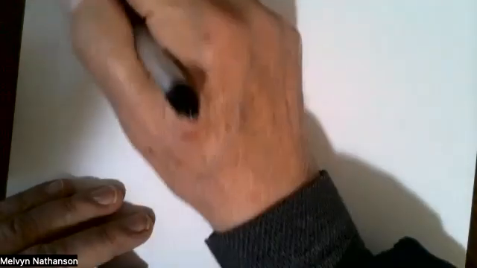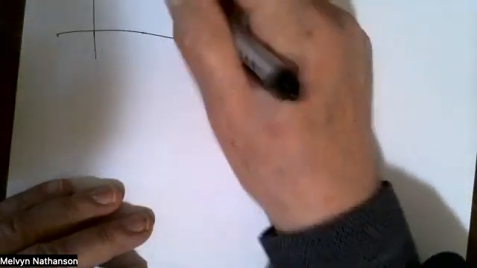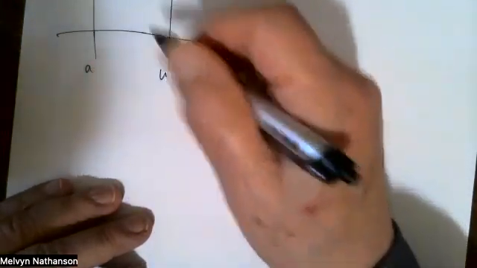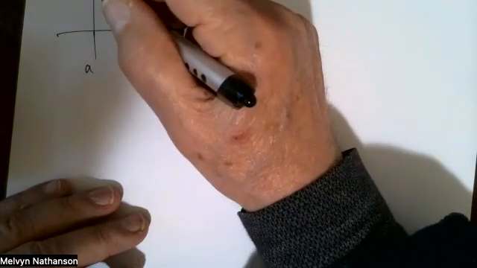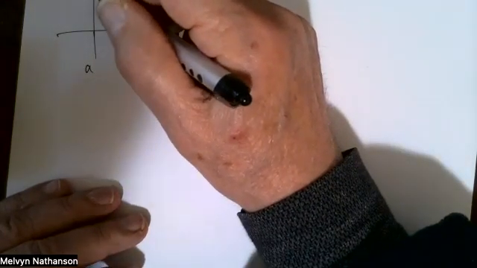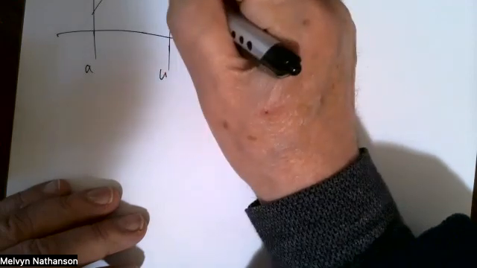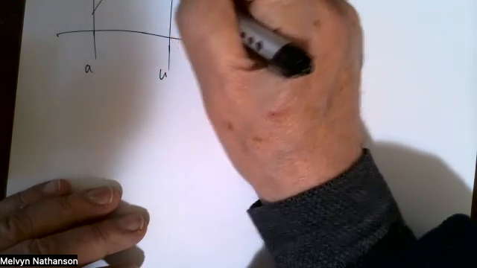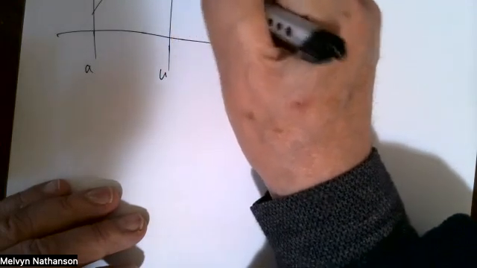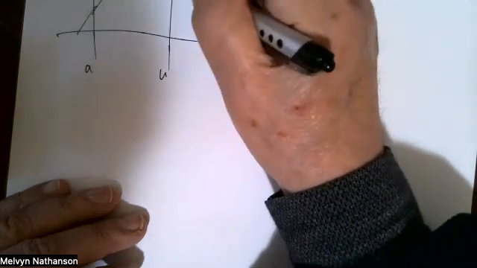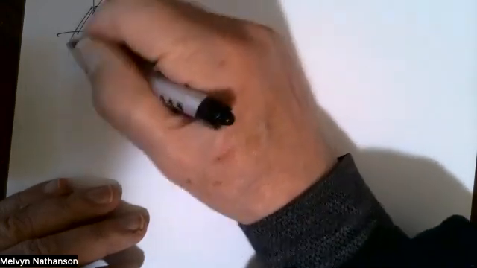Now, if you want to find the absolute maxima and absolute minima of a function on an interval, so you have the interval from A to B, you might have a graph of a function that looks like this.